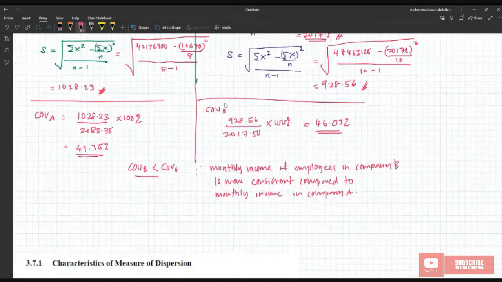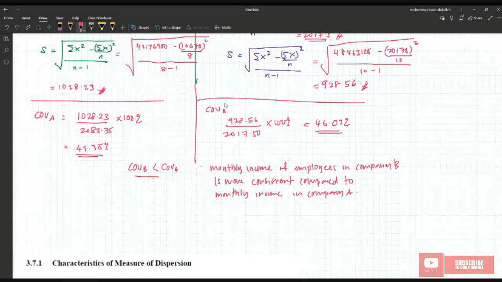Since the coefficient of variation of company B is the smallest compared to company A, the monthly income of employees in company B is more consistent compared to the monthly income of the employees in company A, right?